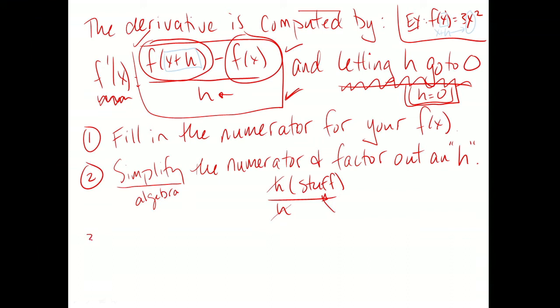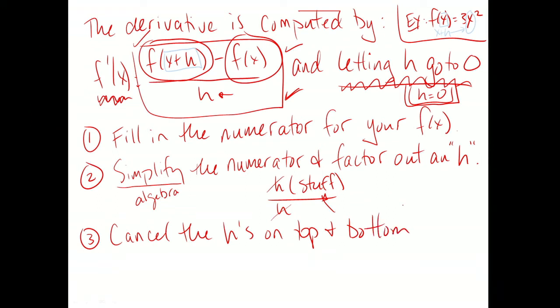Okay? So step 3 is to cancel the h's on the top and bottom. Not all of them. You may have stuff, as I've so elegantly called it here, and stuff might have h's in it too. That's fine.